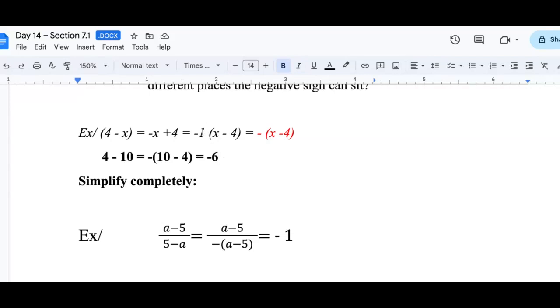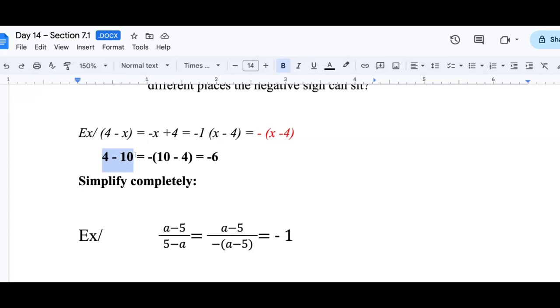But usually we don't bother to write this 1. We just leave the negative sign in front.